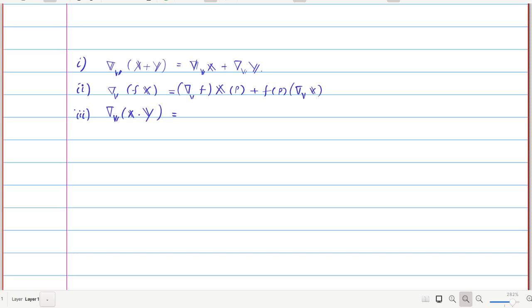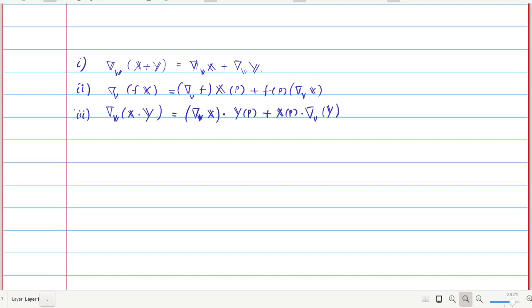Then this will be equal to del V X dot Y of P, plus X of P dot del V of Y. So these are the three properties.